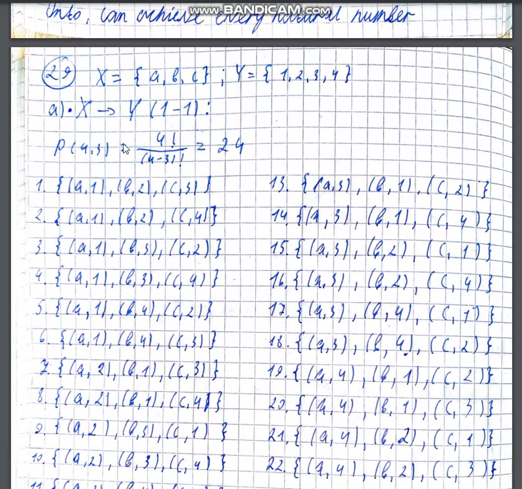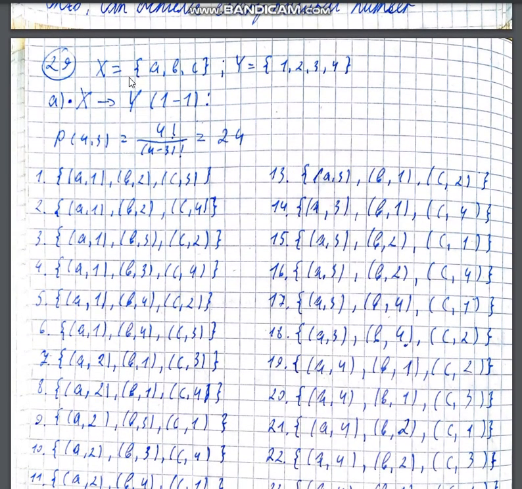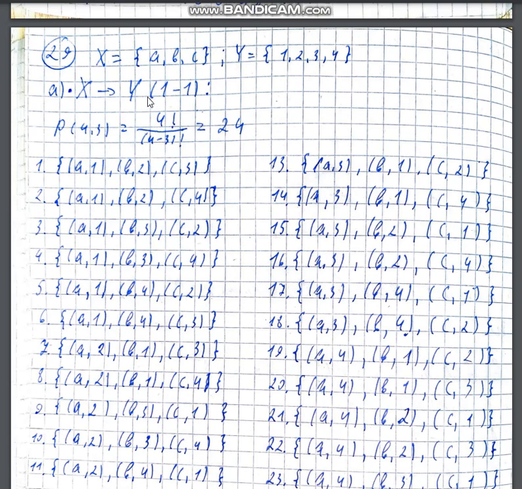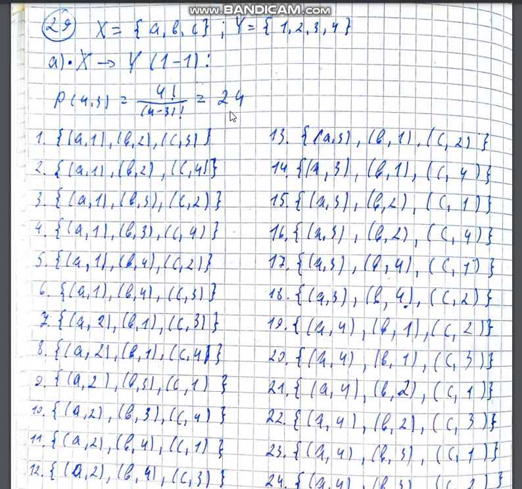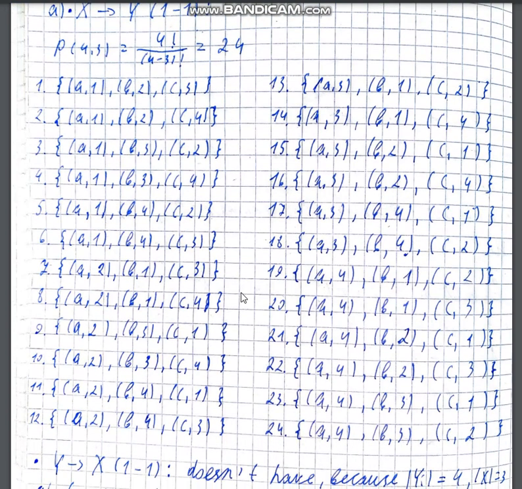Problem 29, here it gives two functions, and in A it says to find one-to-one functions. By formula, it has 24 one-to-one functions. So here's the list of all of them.